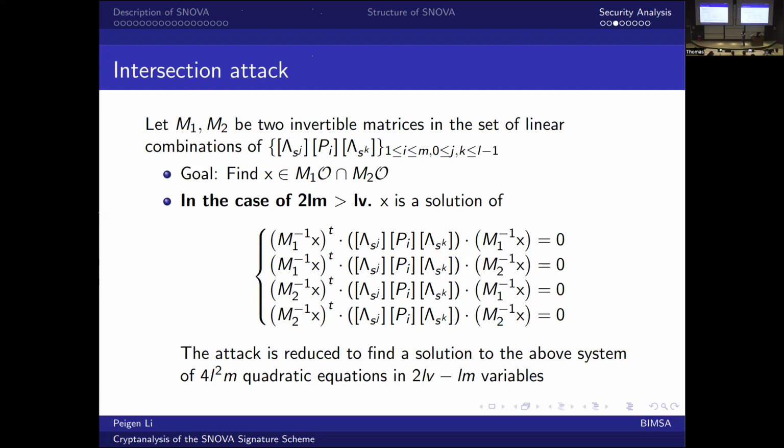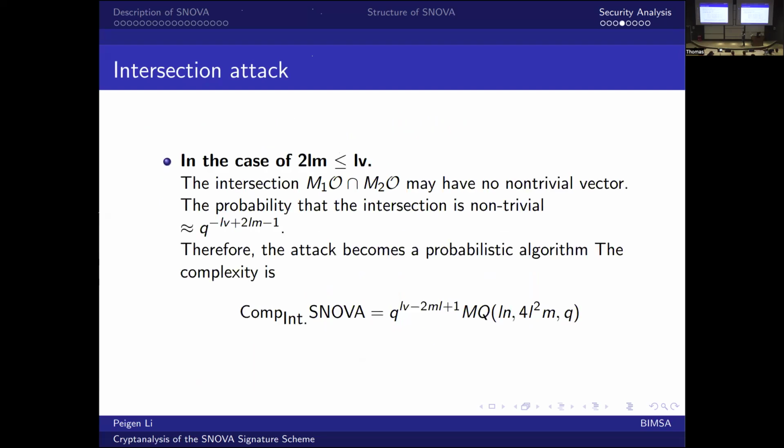We just need to solve this system. Otherwise, if 2 times L times m is smaller than Lv, maybe such an intersection may have no non-trivial vector. So the complexity will be given by this.